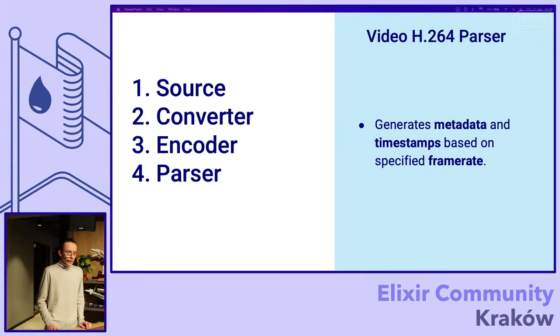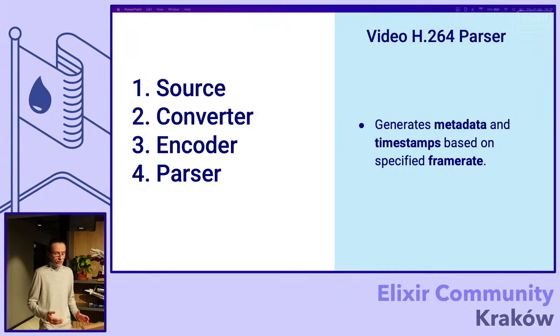The next thing is the video parser. The video parser is responsible for generating metadata and timestamps based on the specified frame rate, for example. What does it mean? Generating metadata is just putting on each frame, for example, the time when it can be shown.